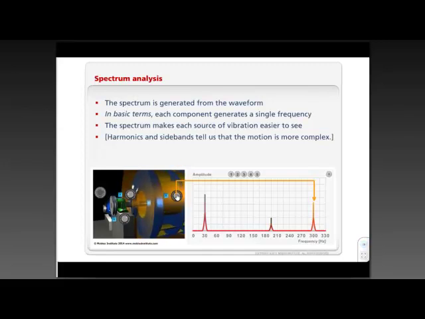Now this is a very simple view of vibration, but now when you look at a spectrum, you can look at those peaks and say, oh, okay, I know basically where those peaks are coming from. There is a complication because the vibration is rarely pure and smooth. You know, that sine wave was just this perfect, beautiful sine wave.